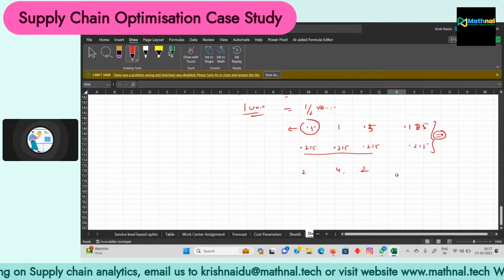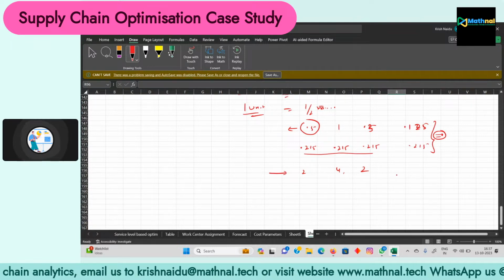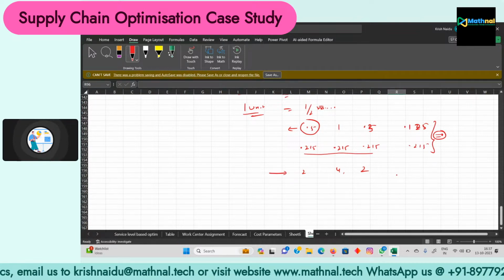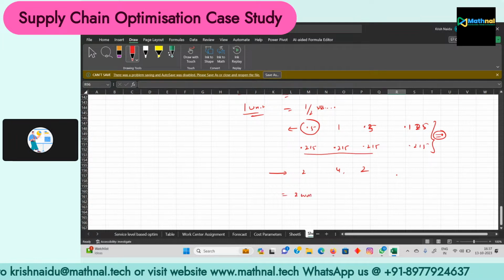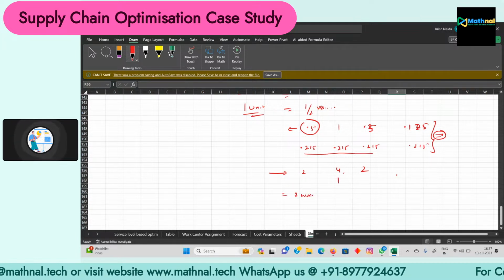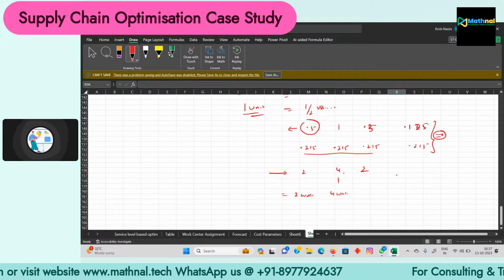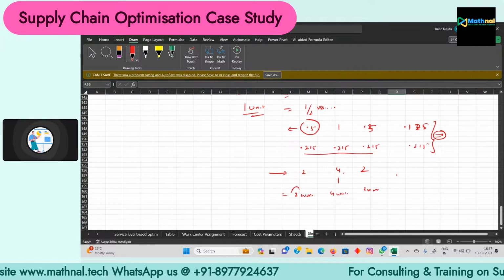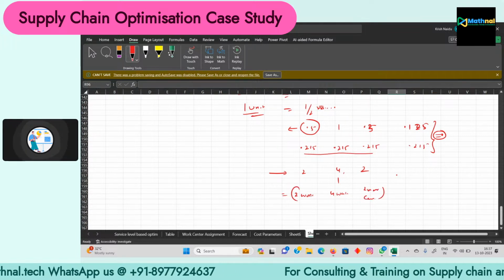So in this case, if it is taking twice the time, then we need to have two work centers. If it is taking four times, then we need to have four work centers, right? This is a very important decision we need to take.